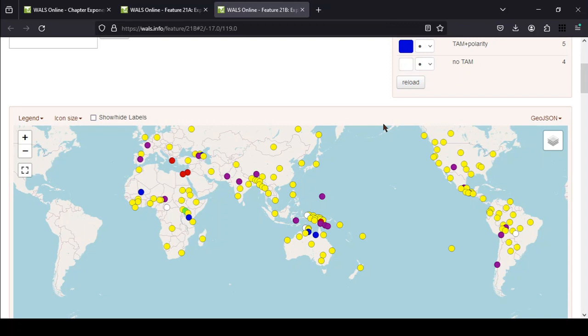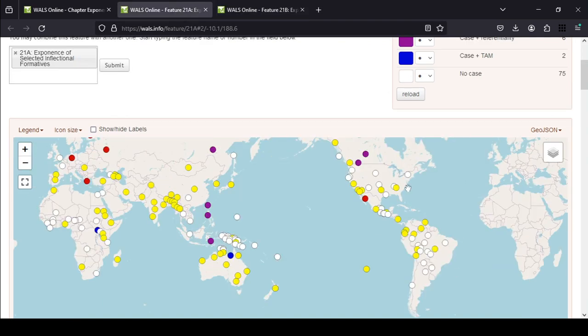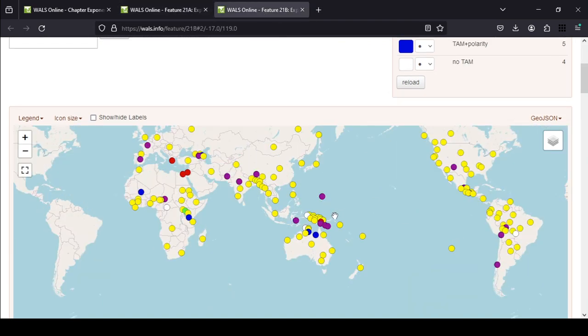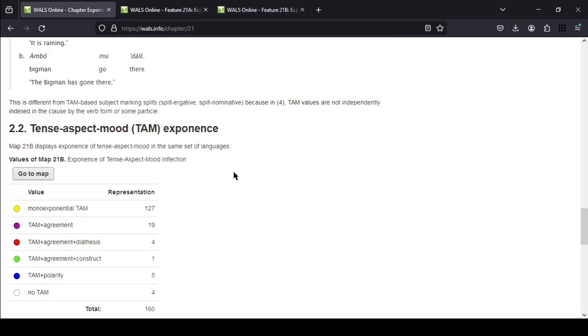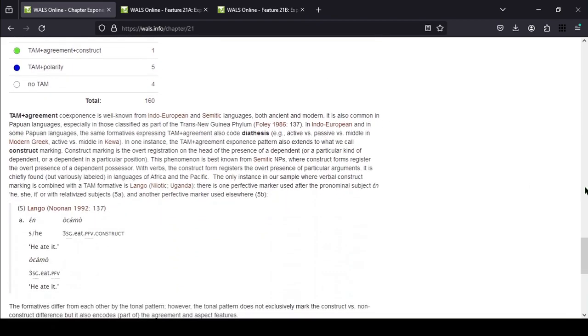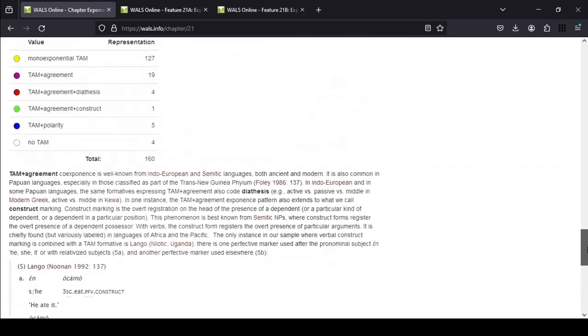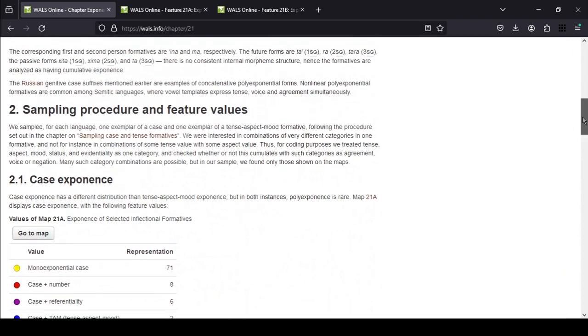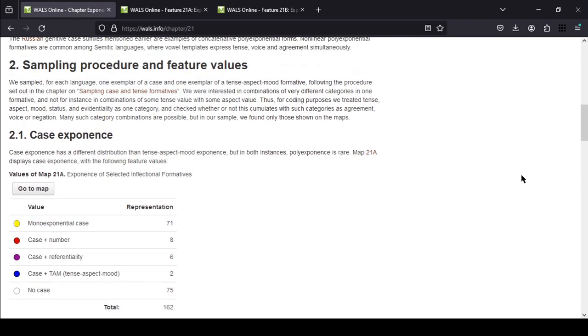Pretty much every language has prefixes or suffixes on verbs, but not every language has prefixes and suffixes on nouns, is the first thing I'm noticing from looking at these maps. That's why it's so long. It has to go over nouns and verbs. Wow.